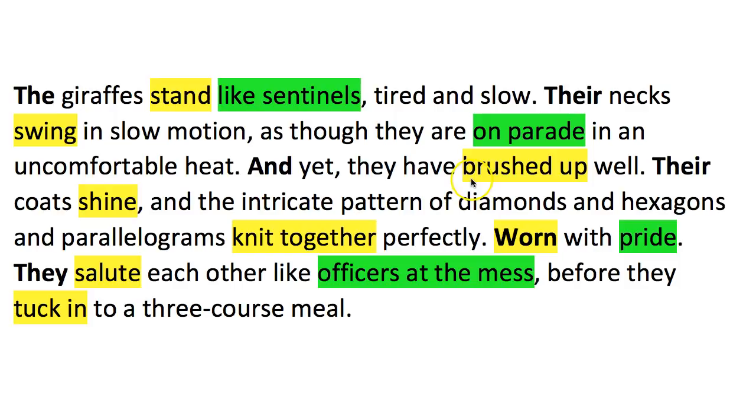I've got the idea of soldiers spending ages brushing up, brushing their shoes, making sure their uniform is spick and span. And so brushed up and shine come from that same semantic field of soldiers on parade. And this idea of soldiers doing everything together in unison. So that image, again, that verb fits with the idea of the soldiers.